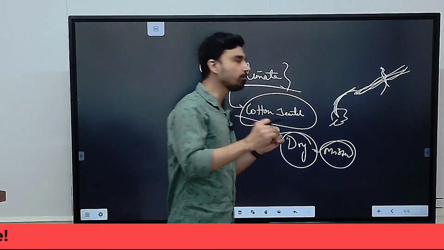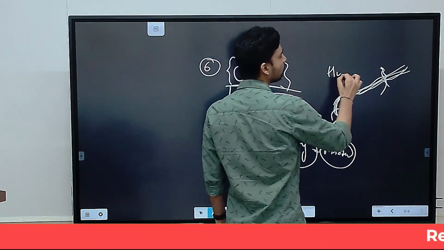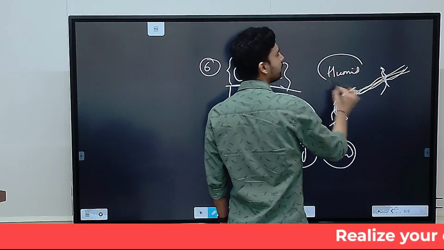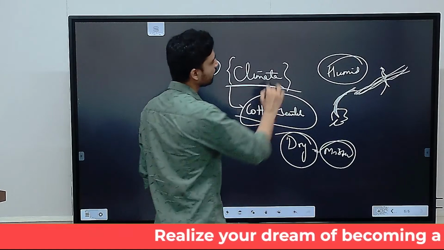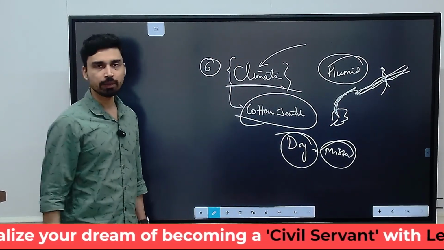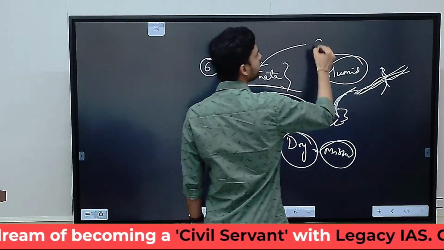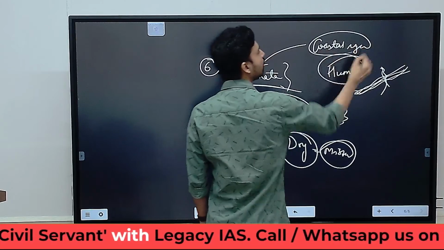That means to prepare longer cotton threads, what do you require? You require a humid, moist climate, and obviously in which kind of region will you have a humid or moist climate? The answer is obviously near the coastal region.